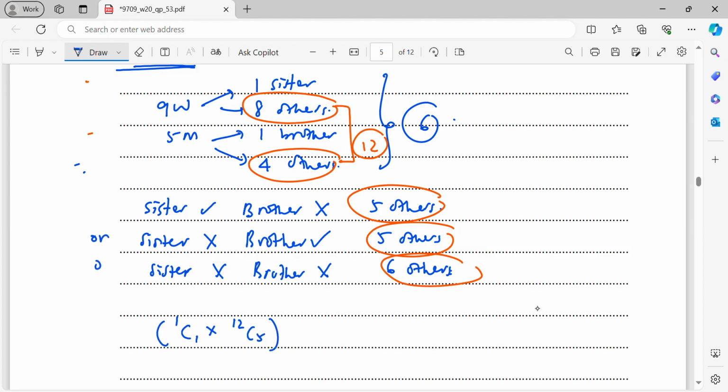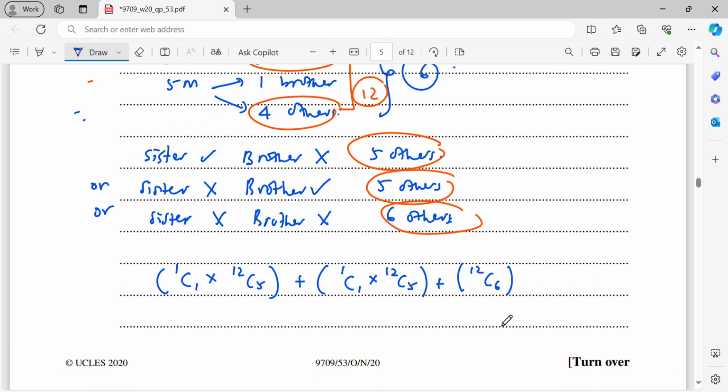Plus, brother is chosen, so 1C1, and 12 choose 5. Or both sister and brother are not chosen, so I have to choose 6 from the 12. Then from here, I will be getting 792 plus 792 plus 924. So at last, that is 2508. That is the solution of this question.